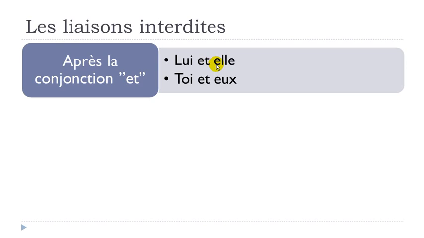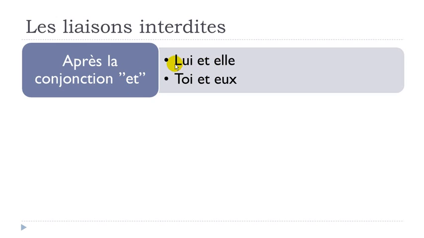Because it would be quite logical. After all, we tend to make it and to put it a little bit everywhere. But in that case, sorry about that, the rule is really strict. So after this conjonction et, like we've got here, you don't make any liaison. So no links after et.